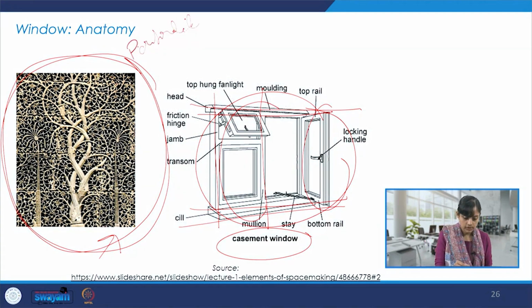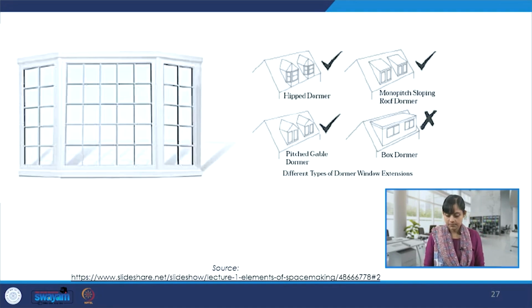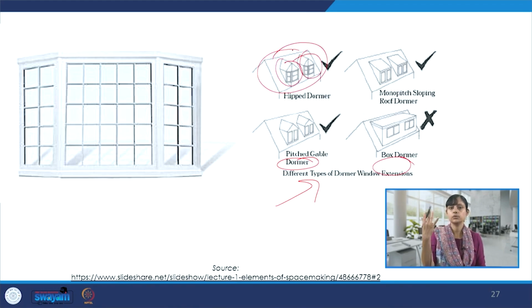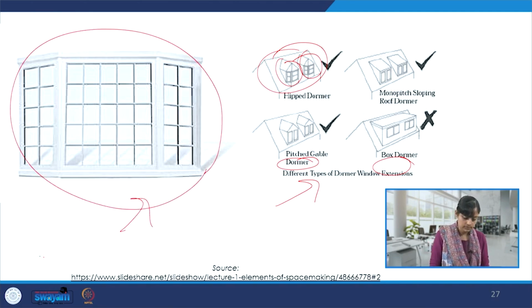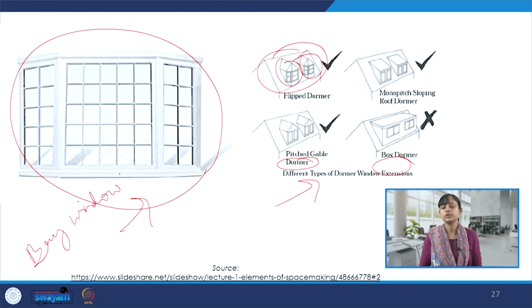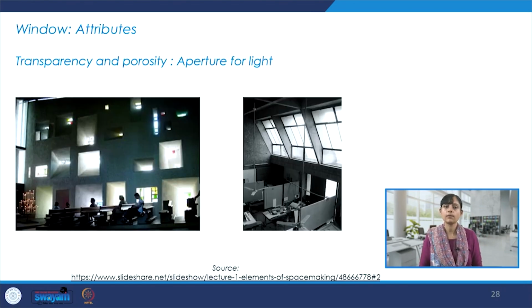So, perforated. Then there are other examples. This is a dormer window. Here we see the roof and the window at an angle, and this is a bay window. So different countries, different climates, according to different needs, there can be different kinds of windows and openings.